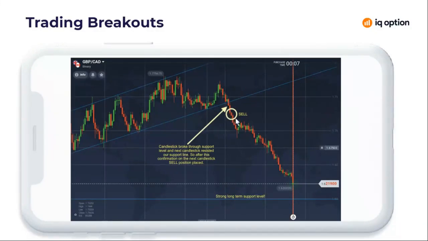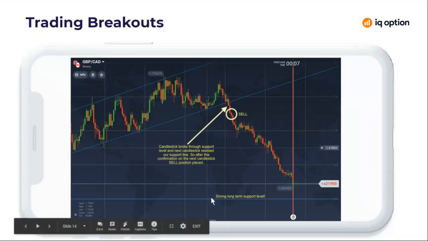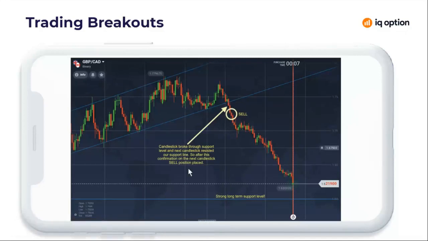Now, if we were to zoom out on this chart, GBP Canadian dollar, I spotted a very strong long-term support level at this point. There was nothing between these two levels that indicated a strong support level in which this currency pair would have stopped.